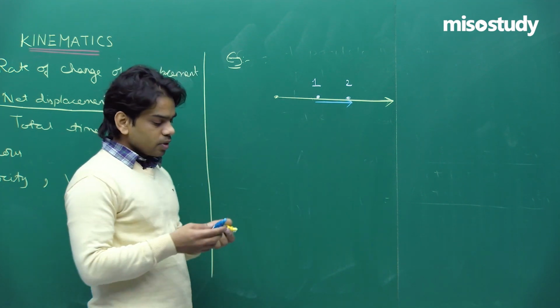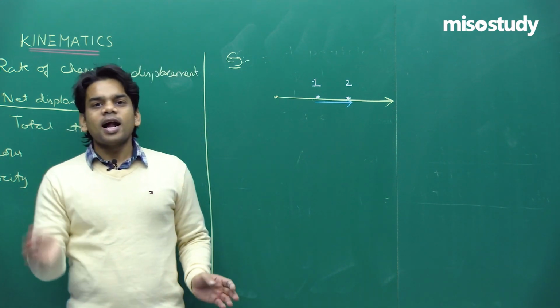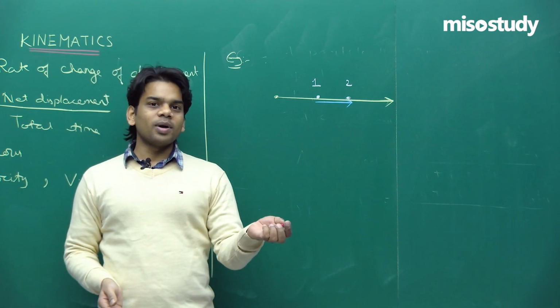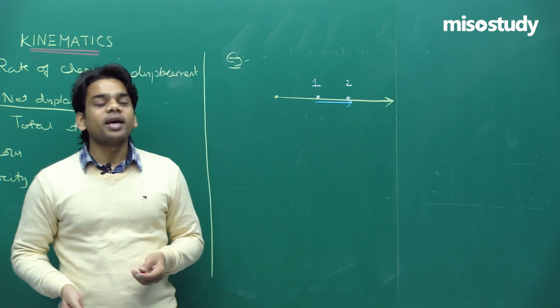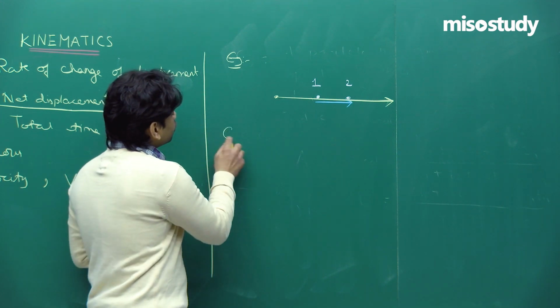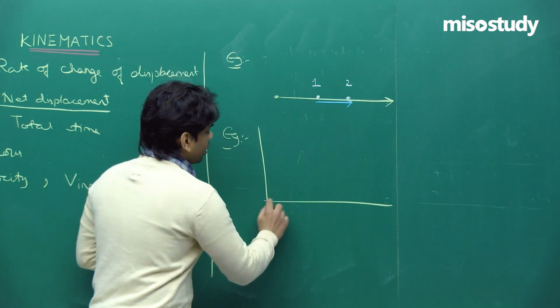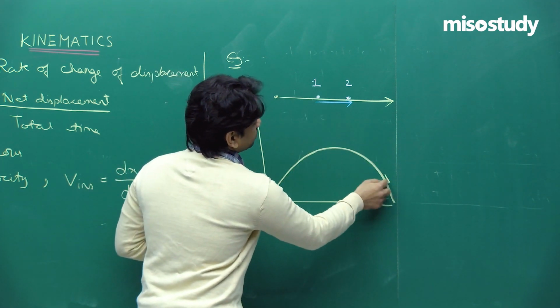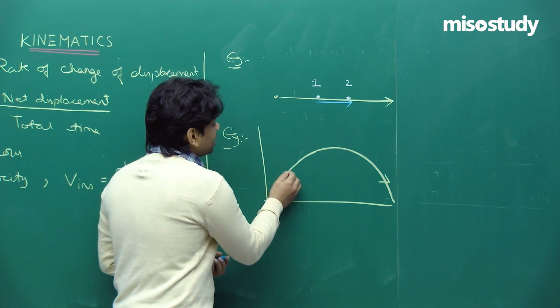Now suppose we take this stone and I throw it. It will move and come again into my hand. I throw it, it moves along a parabolic path, and it comes into my hand. We will study this also, but see what I want to show you here: how its path will look. If I throw it, it will move somewhat like this along a parabolic path. Its velocity is changing everywhere.